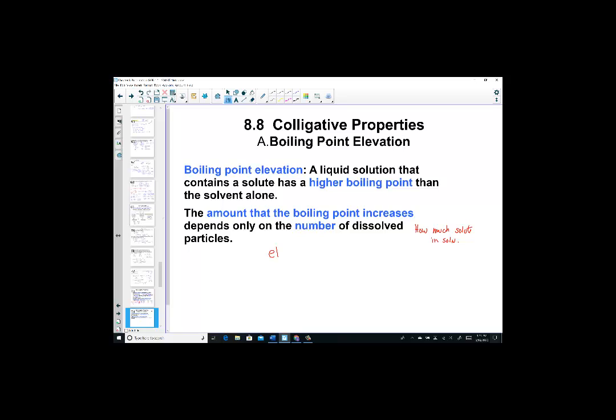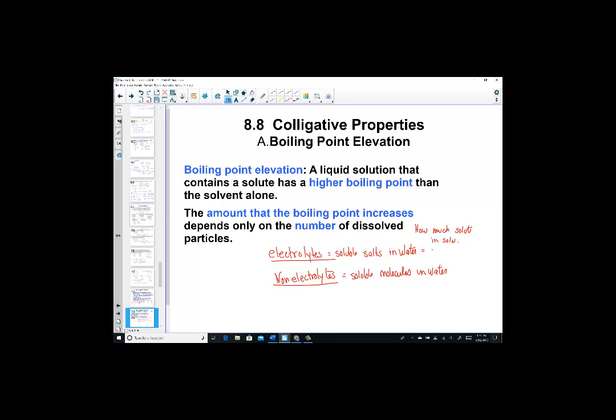I wanted to just take a moment and remind you about electrolytes, which are these soluble salts in water. And do you remember the term non-electrolytes? These are soluble molecules in water.